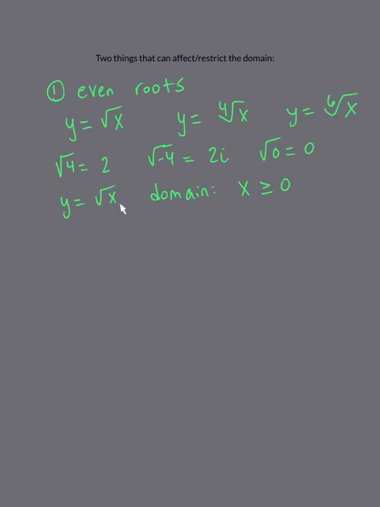This number cannot be negative, because then you don't get a real output, you get an imaginary output, and therefore your domain is restricted to only these inputs. Only these x values can go in here. Now let's talk about what this is in interval notation, and then we'll talk a little bit more about the fourth roots and sixth roots.